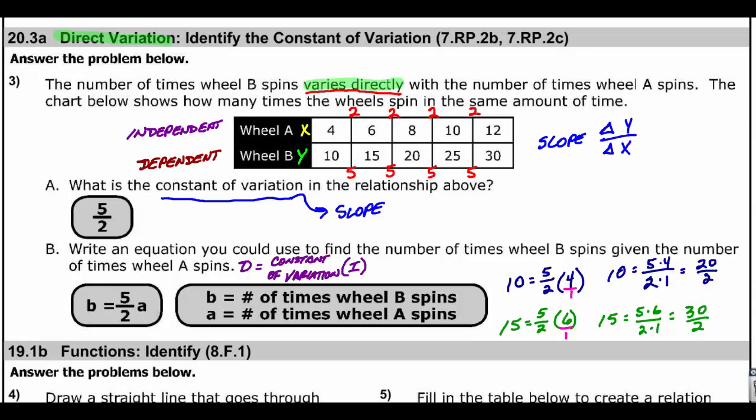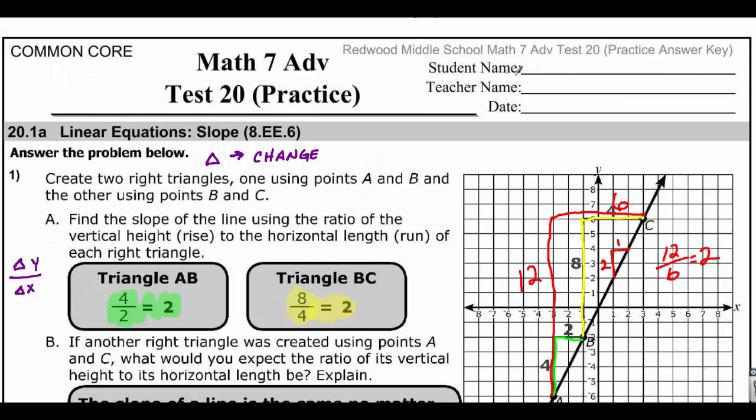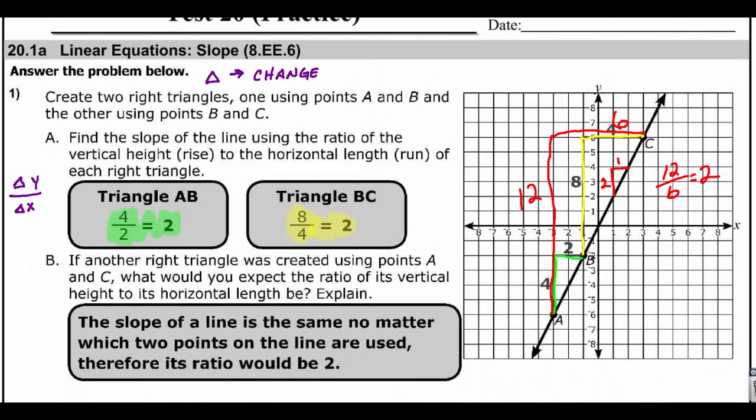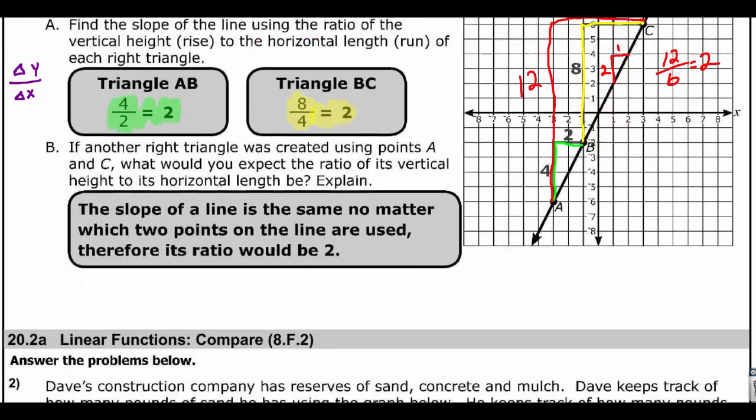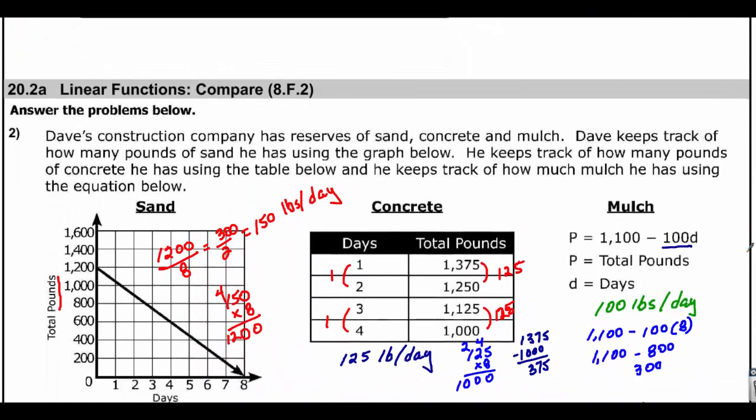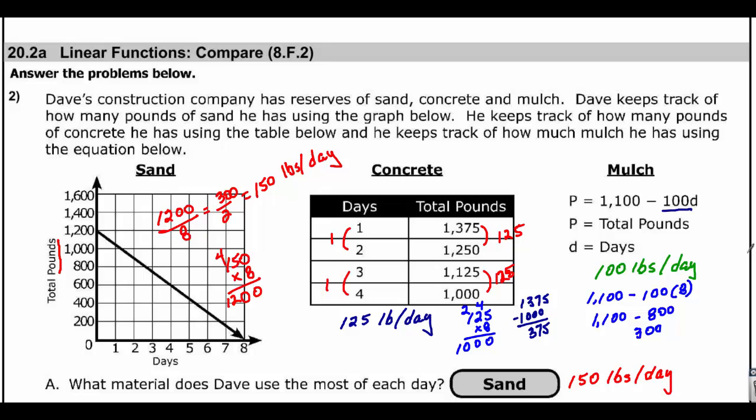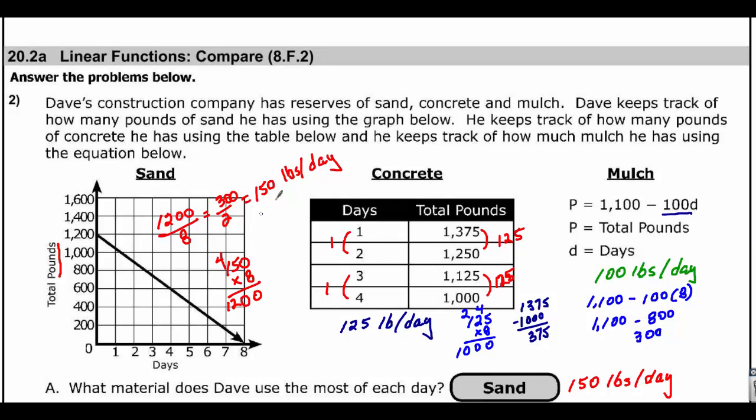These all tie together with the idea of slope. If you go back, let me just take a trip back here. 20.1a, linear equations, slope. 20.2a, linear functions. Again, dealing with slope. Slope tells you how much per day.